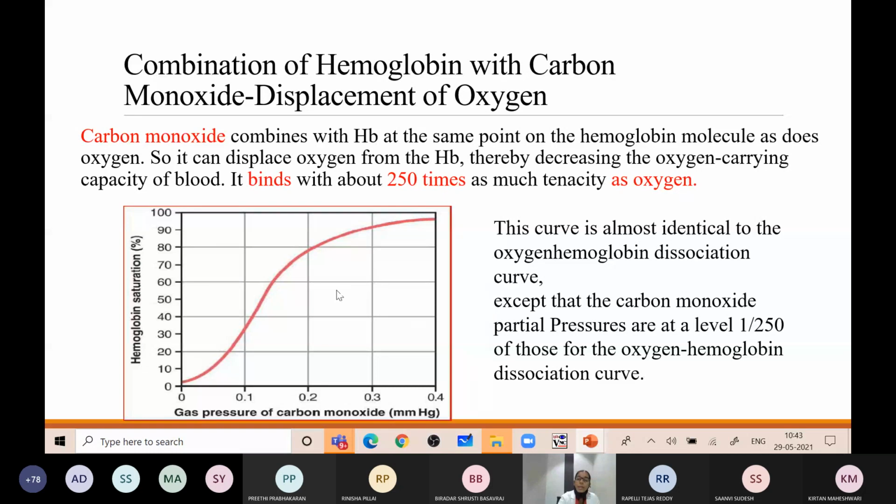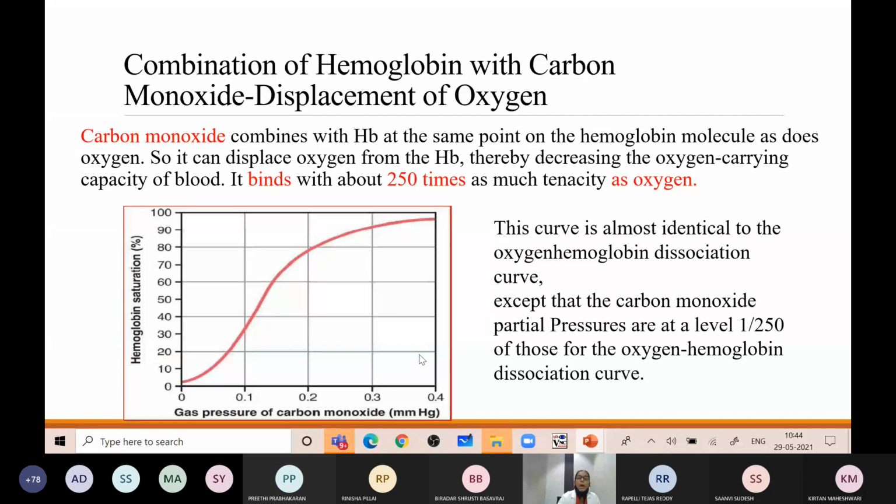So how do you treat this patient? Whenever there is carbon monoxide poisoning, immediately you have to give 100% oxygen. If the oxygen concentration is very high, it may displace the carbon monoxide from the same site. 100% oxygen is the treatment for carbon monoxide poisoning.